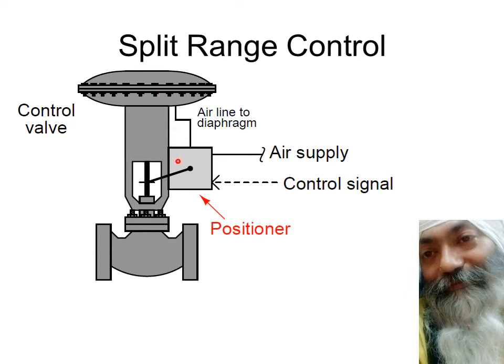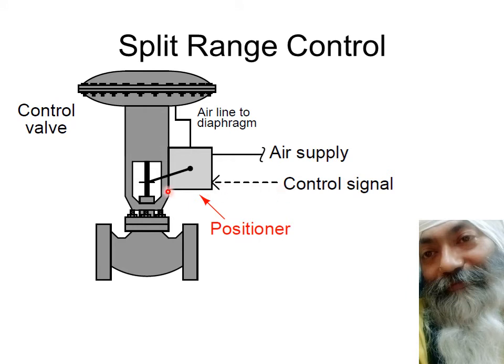We can also reconfigure it, you can call it reprogram it, in a manner that it accepts the control signal as 9 to 15 psi and converts this 9 to 15 psi again to 3 to 15 psi, so that this opens and closes as per the signal received from the control signal.